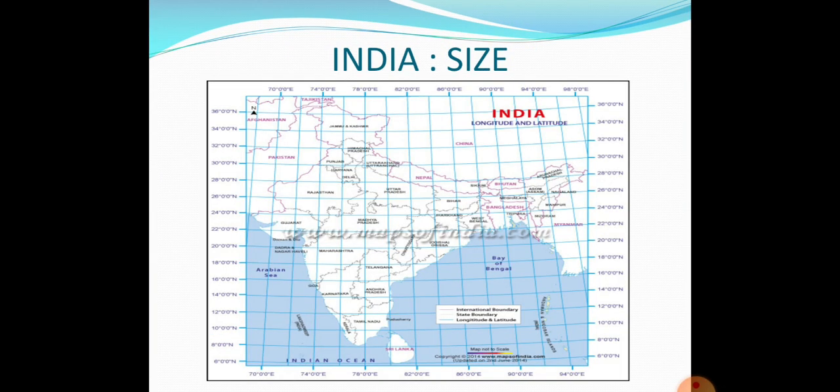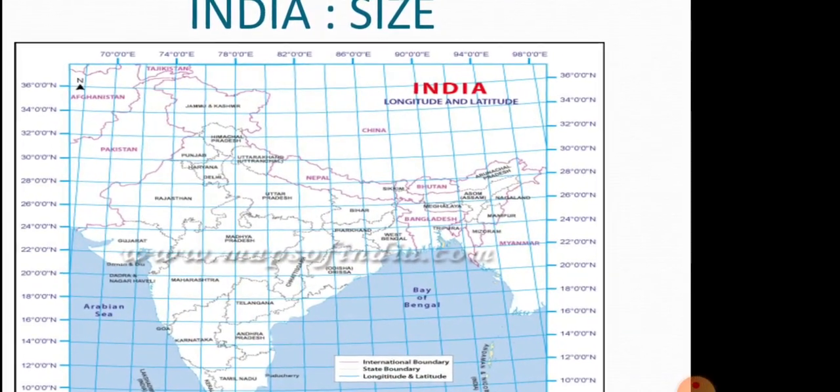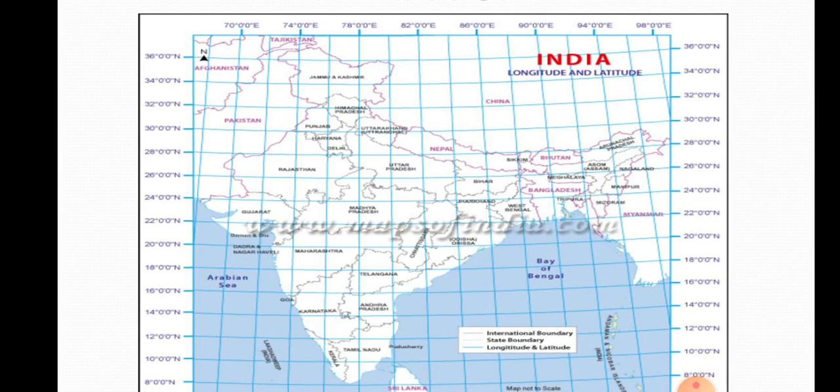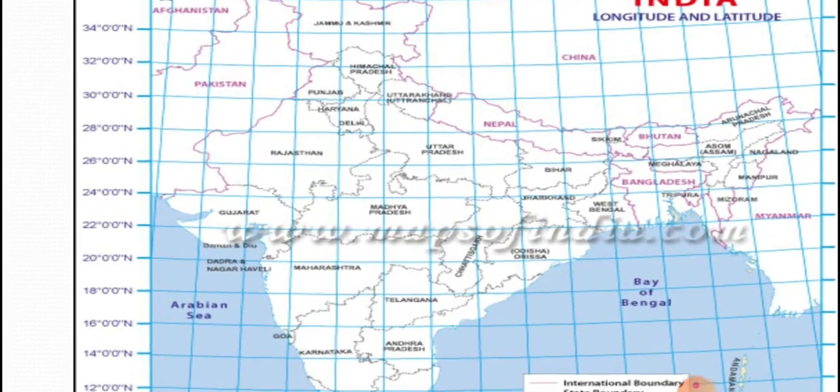Now actually the world is divided into longitude and latitude, and why we have divided this, we can discuss in another video. But here, Gujarat, you can start from here at 68.7 to 97.25, that is Arunachal Pradesh.